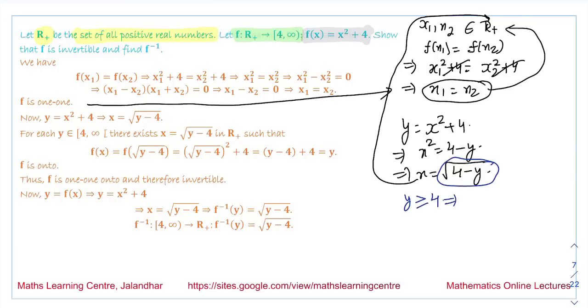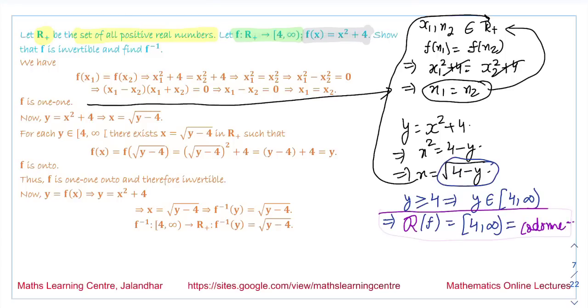So this implies that y belongs to the interval [4, infinity). So this is the range of the function f, that is equal to [4, infinity), that is equal to the codomain.